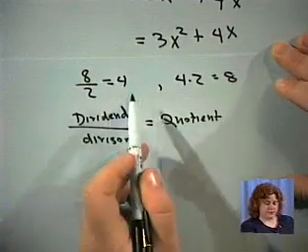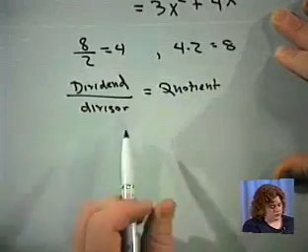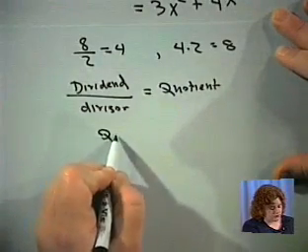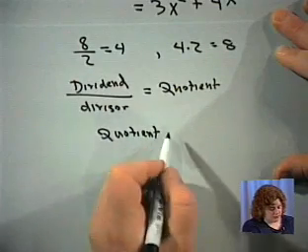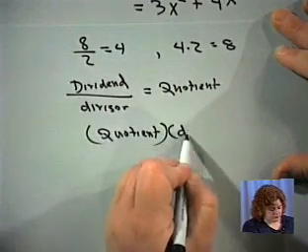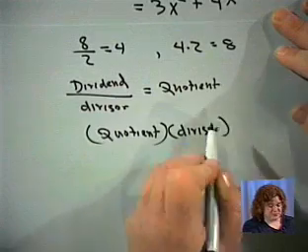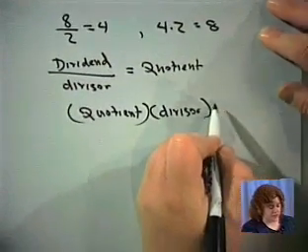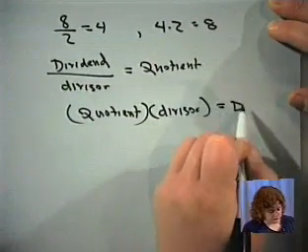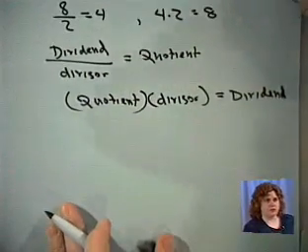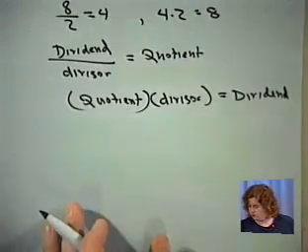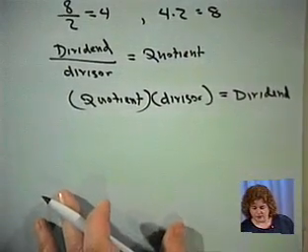That's for the first half. For the second side, we could say, well then, the quotient, that was the 4, times the divisor, better give us back our dividend if all is right in the world, whatever was on top. You can use this to check your answers when you do a division of this nature.